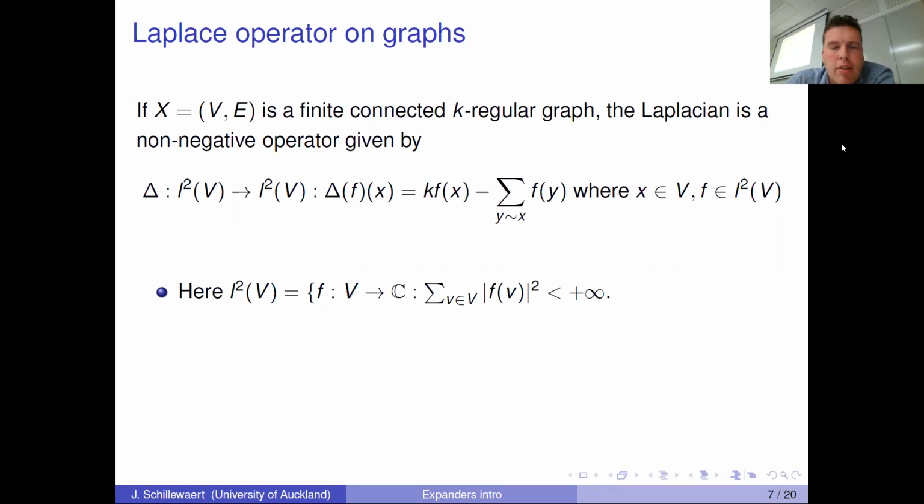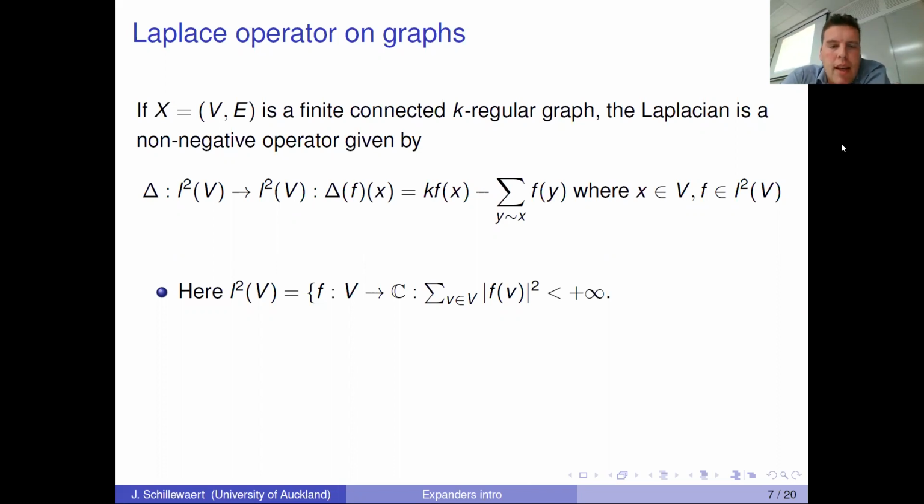So I take a finite connected k-regular graph. Then the Laplacian is an operator going from L2(V) to L2(V). So what is L2(V)? These are the functions from V to C such that if I sum the values over all the vertices, it stays finite. Here, this is automatic because V is finite, but this concept makes sense even for infinite graphs, and then you could have some restrictions.